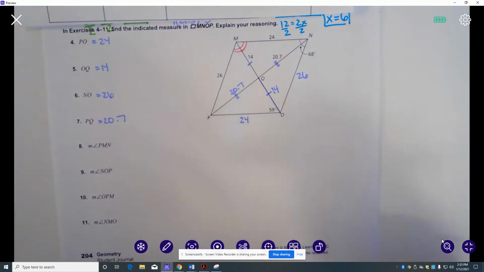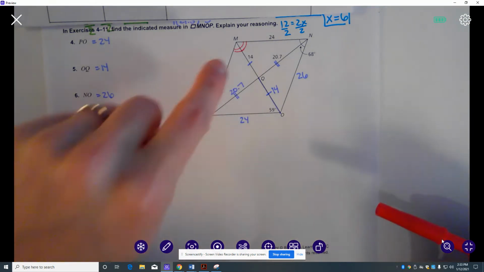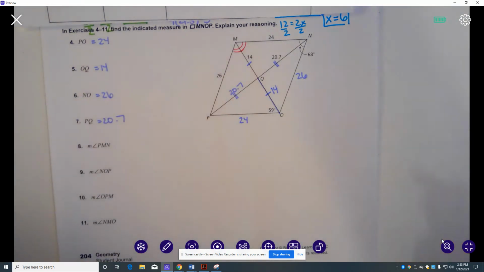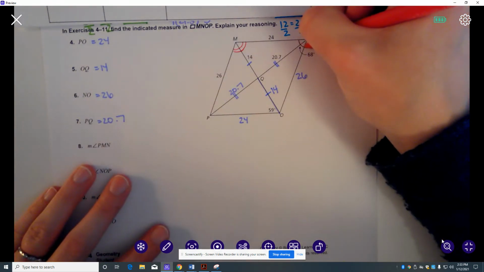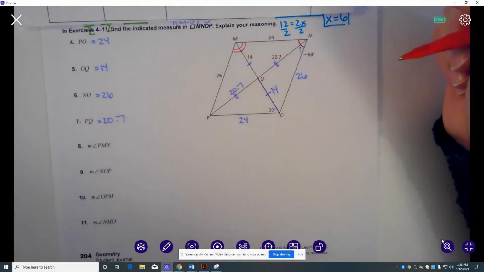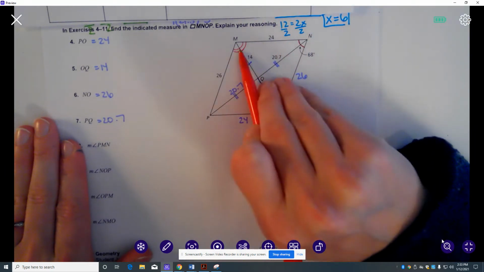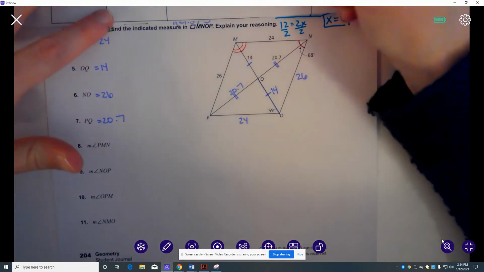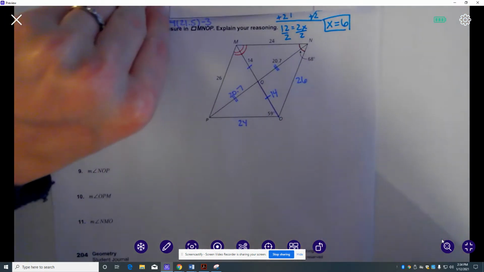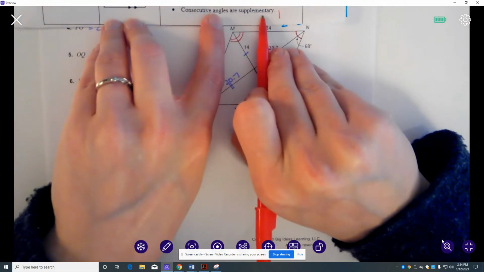And so what I'm trying to figure out is what information do I have about other angles to help me find this angle measure? Well, one thing I notice is it tells me this angle, angle N, is 68 degrees. I wonder if we know anything about angles that are next to each other in a parallelogram. One of our properties of parallelograms is consecutive angles are supplementary.